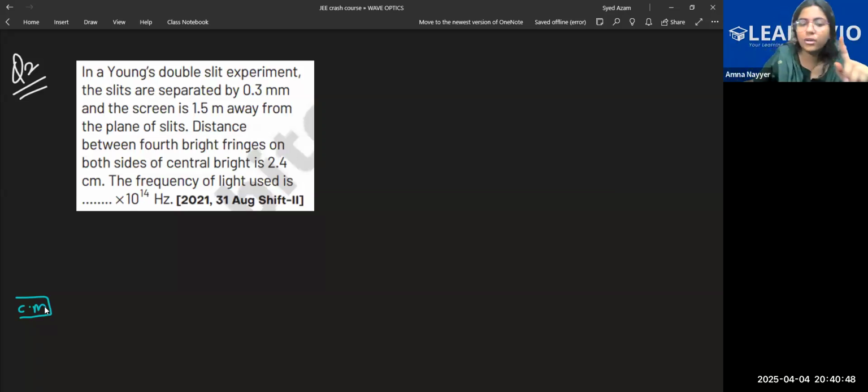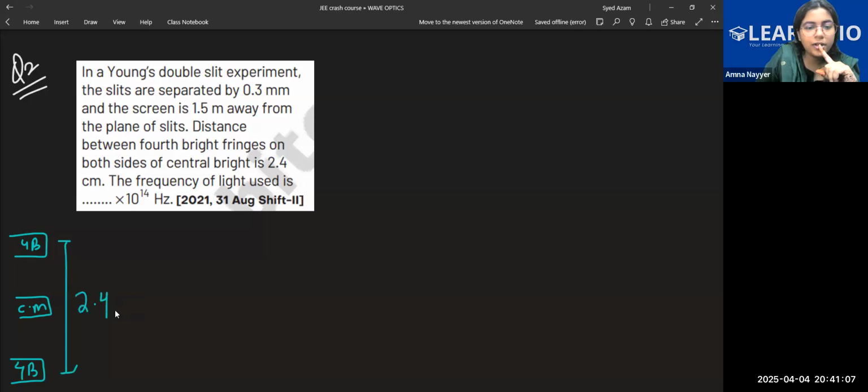So this is saying the distance between the fourth bright on both sides, this one and the lower one also, this separation is given as 2.4 centimeters. The separation between the slits is 0.3 millimeters.